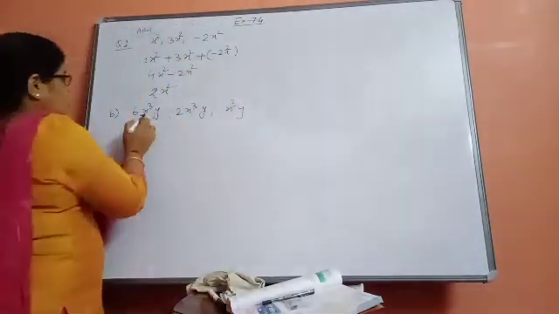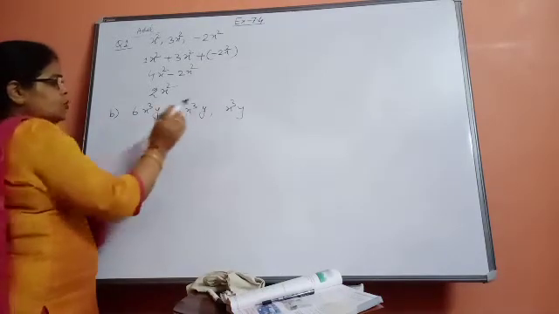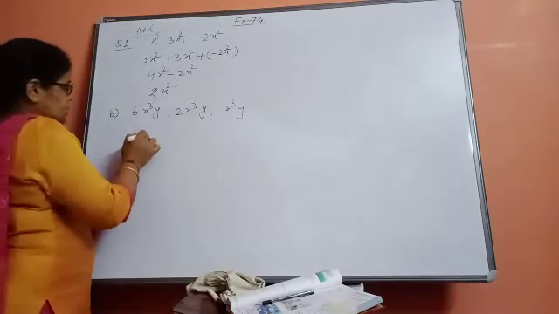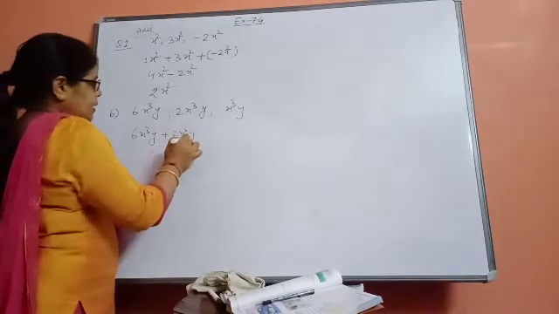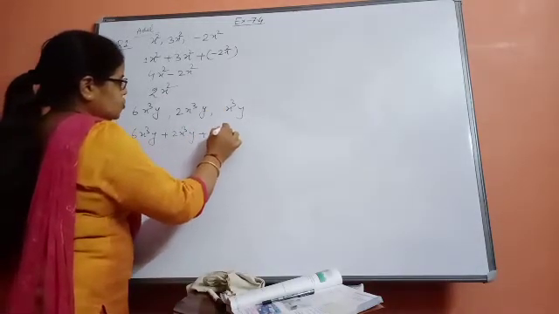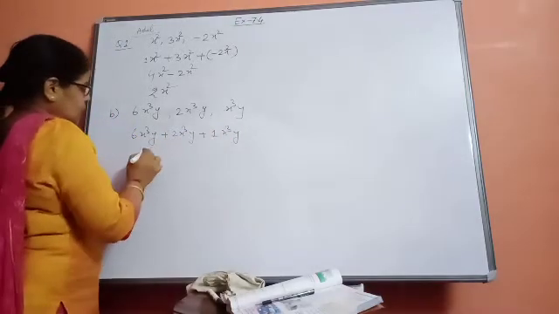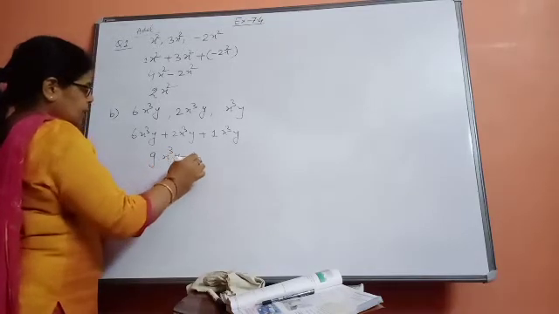Here, if you can see, all of them are x cube y, they are like terms, so we can add them easily. 6x cube y plus 2x cube y plus, here no numerical value is there, so 1x cube y. Add them, beta. 6 plus 2 is 8, 8 plus 1 is 9. So what will it become? 9x cube y, and this will be your answer.